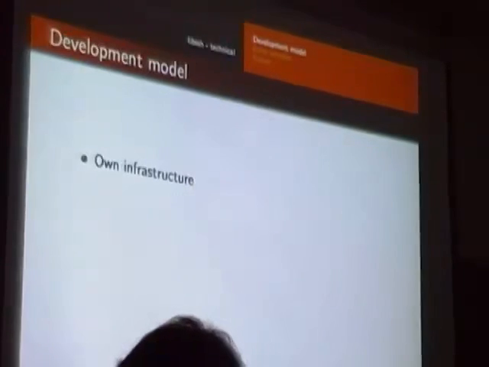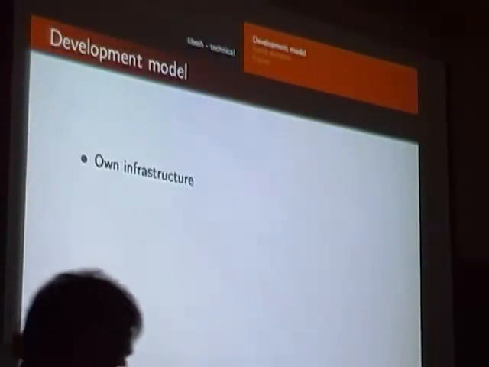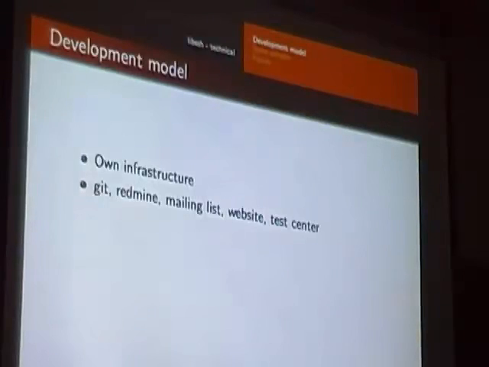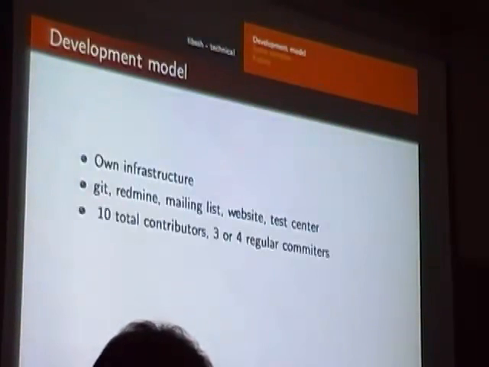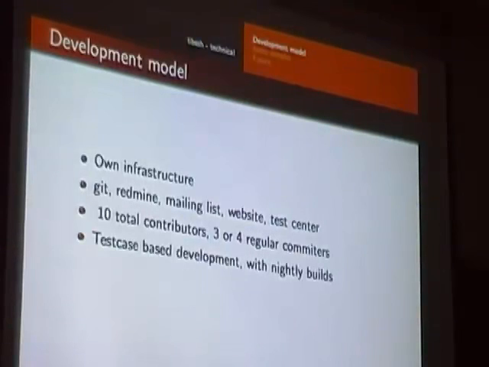We are developing libssh on our own hardware, on our own infrastructure. So we are using Git, Redmine, and what's interesting, we have a test panel with nightly builds. Every night there is a build that is done on several targets. Tests are run using Valgrind too.